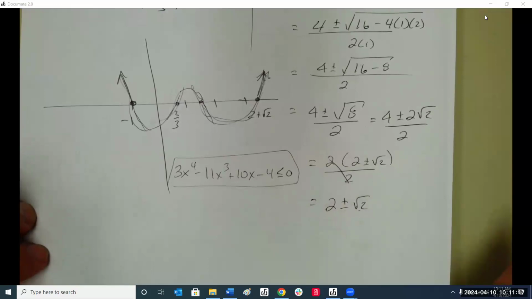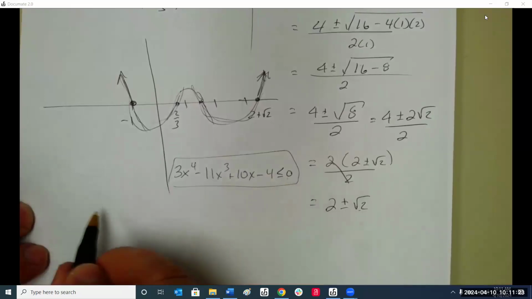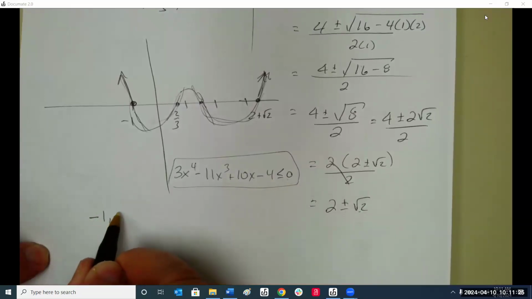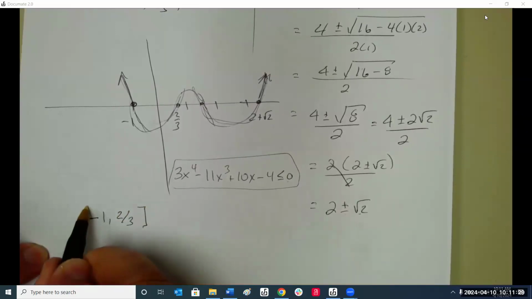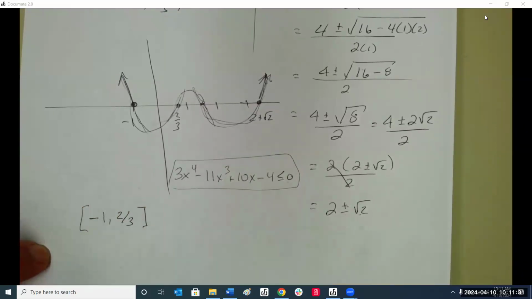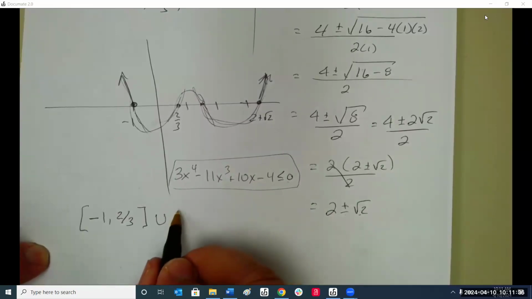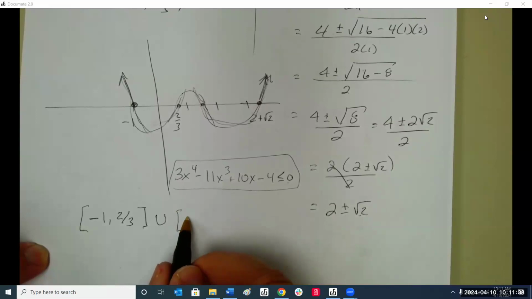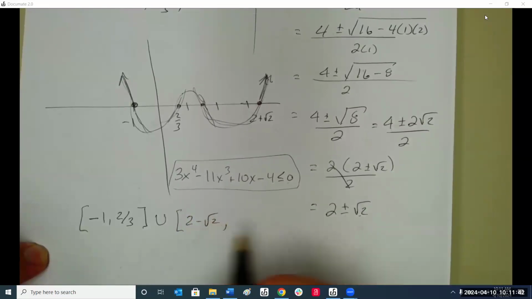So do we want above or below the x-axis? We want below, since we only want negative answers. So our answers are from -1 to 2/3. We can include the endpoints. Then we can include 2 minus radical 2 to 2 plus radical 2.